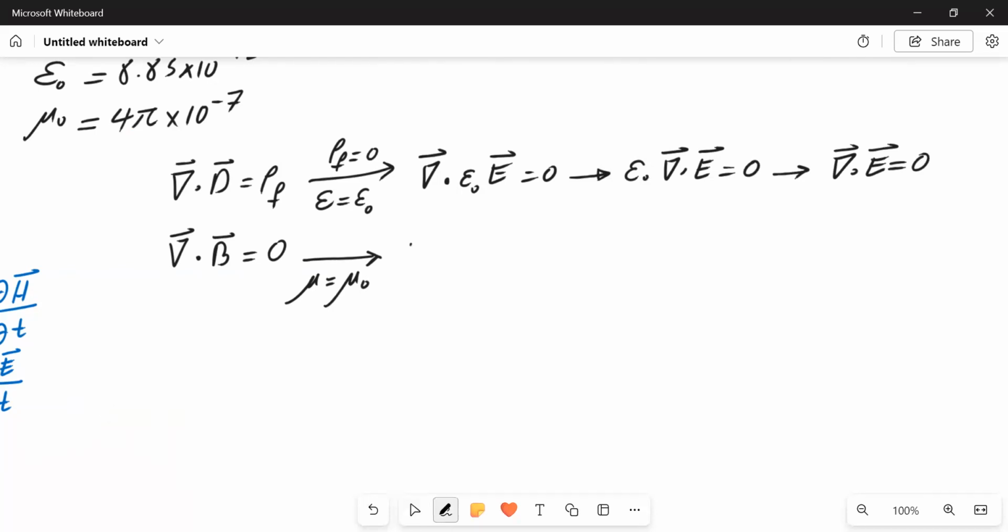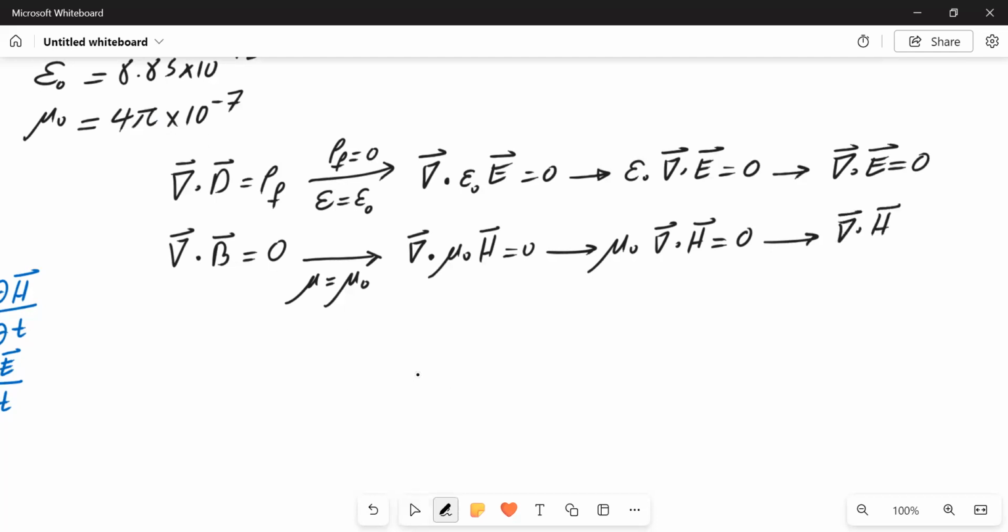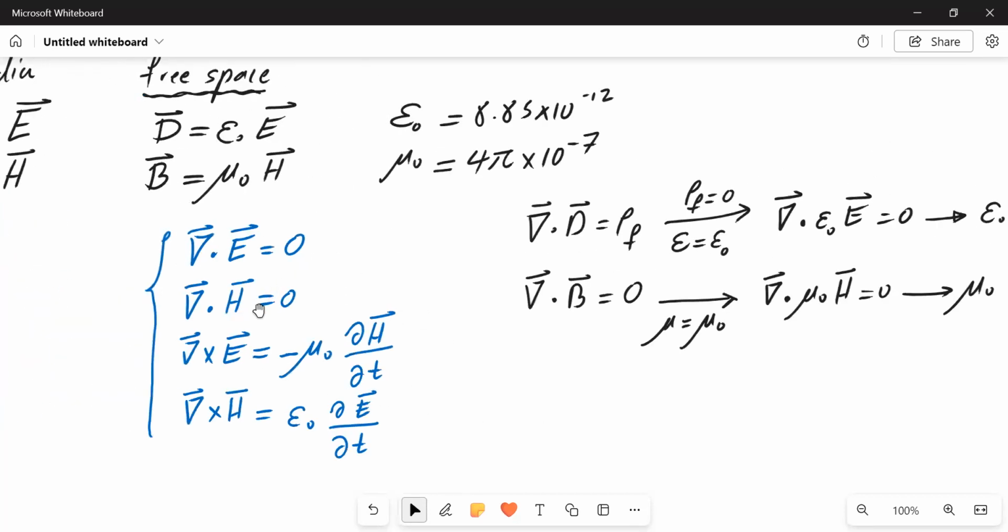And in this way, I can write this second equation as the divergence of mu naught H being zero, again, mu naught being a constant. It's mu naught times divergence of H is zero, and it is a non-zero constant. As you can see, here it's 4 pi times 10 to the minus 7. So that leads us to this equation: the divergence of H is zero. That gives us the second equation.